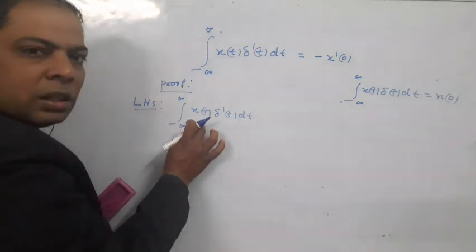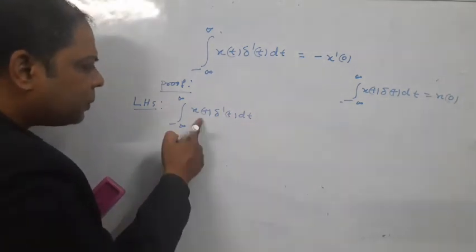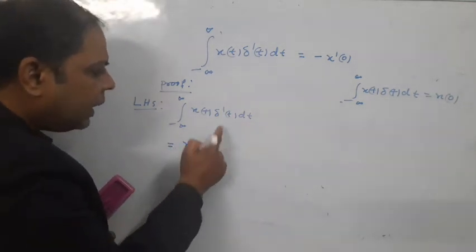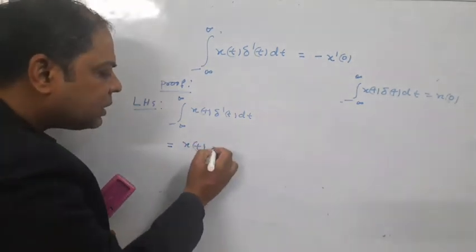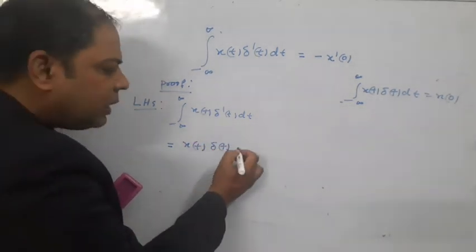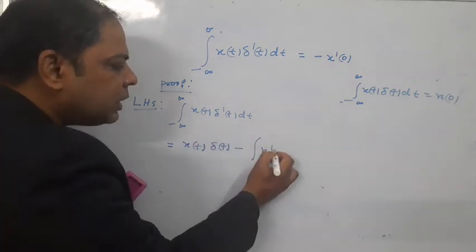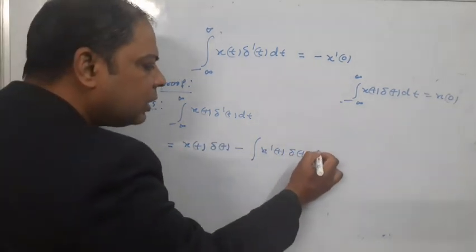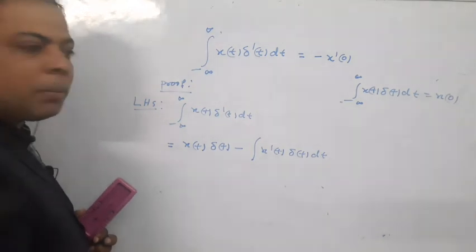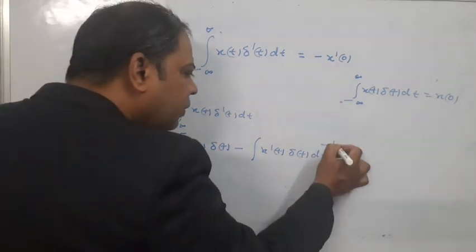First function, integration of second, minus: that is equal to first function x(t), integration of second, meaning you have to integrate δ'(t), which gives δ(t), minus integration of the derivative of first function, x'(t), times integration of second function, δ(t), then dt. Understood? It is very easy. Now overall you have to put the limits minus infinity to infinity.